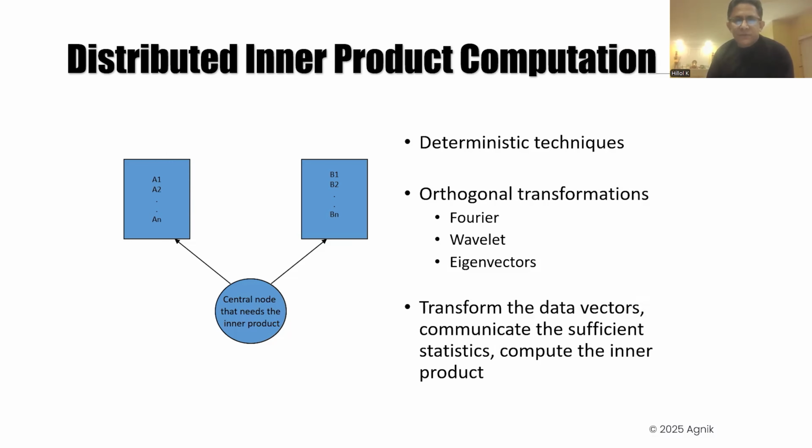Since Fourier is an orthogonal transformation, it is inner product preserving, so in the Fourier domain you can compute the inner product. There are a variety of techniques for extracting salient features and then using orthogonal transformations. The general approach is to transform the data vectors, communicate the sufficient statistics, and compute the inner product.